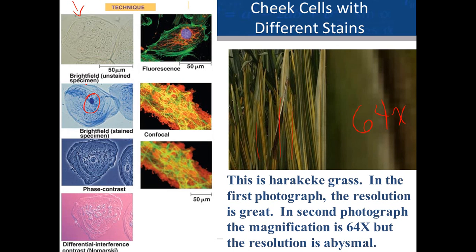In some labs, they have what they call phase contrast microscopes. And a phase contrast microscope is one that eliminates some extraneous lights. It's a technique that converts phase shifts in light passing through a transparent specimen to brightness changes in an image.